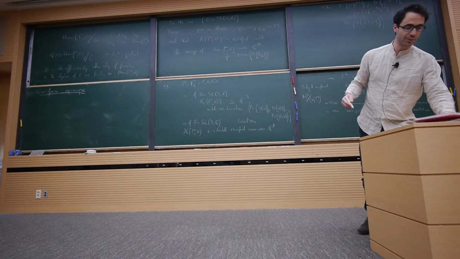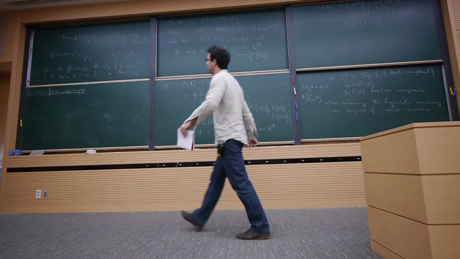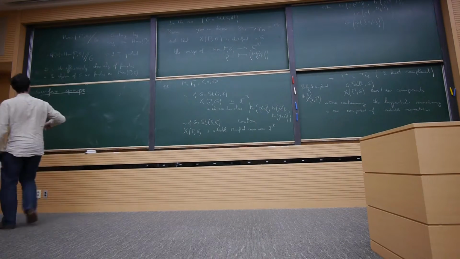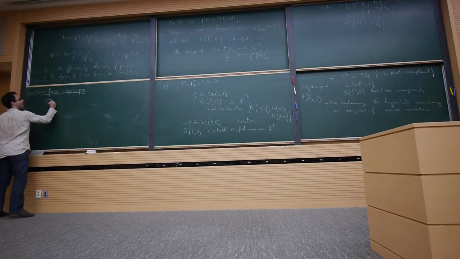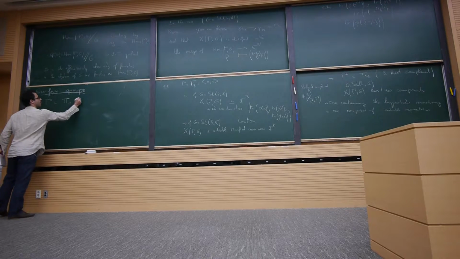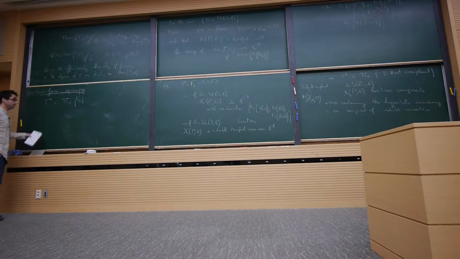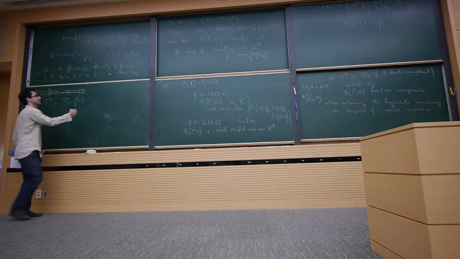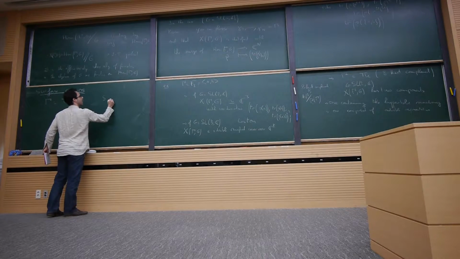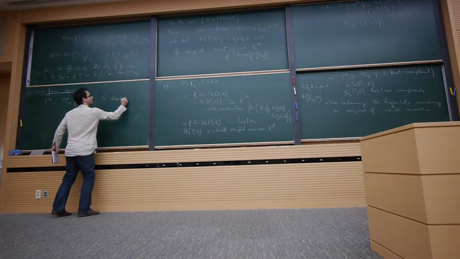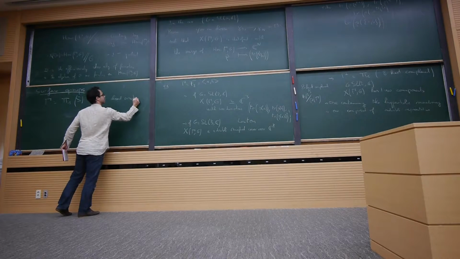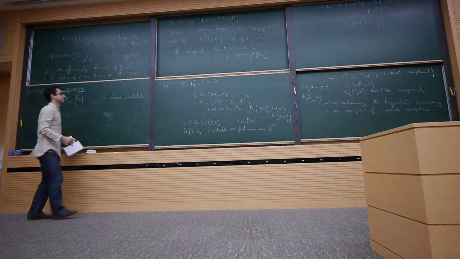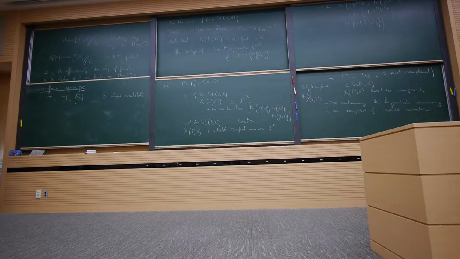Okay, so for this whole section, gamma is the fundamental group of a surface S, closed and oriented.